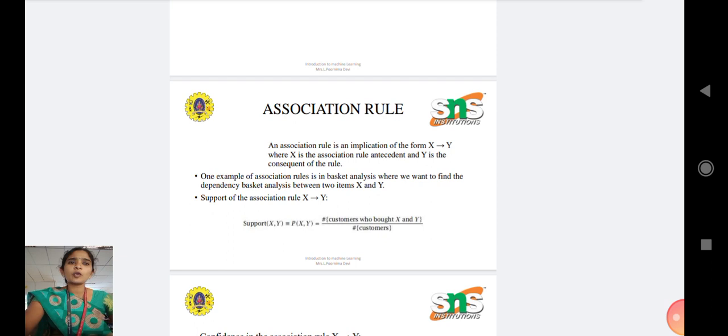Now we discuss association rules. An association rule is an implication of the form X implies Y, where X is the antecedent and Y is the consequent of the rule. This association rule is based on a machine learning method.